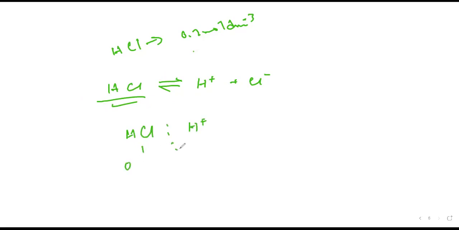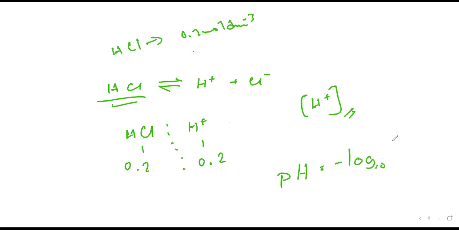So 0.2 mole of HCl is equivalent to 0.2 mole per dm cube of H plus. Then we have the concentration of H plus, and if they ask us to find the pH, we simply use the formula: negative logarithm of the concentration of H plus, which is 0.2.